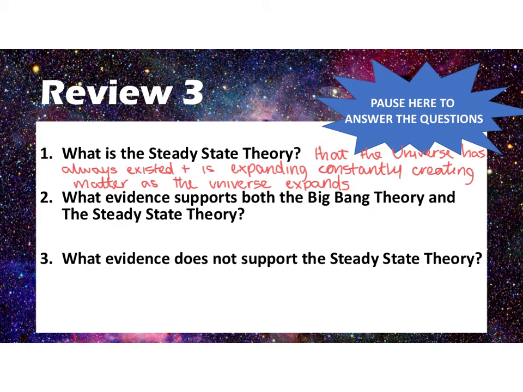Okay, so the steady state theory is that the universe has always existed and is expanding constantly, creating matter as the universe expands. Number 2, what evidence supports both the Big Bang theory and the steady state theory? So that is redshift. And number 3, what evidence does not support the steady state theory? And that is CMBR. Okay, so give yourself a mark out of 3 for those questions.